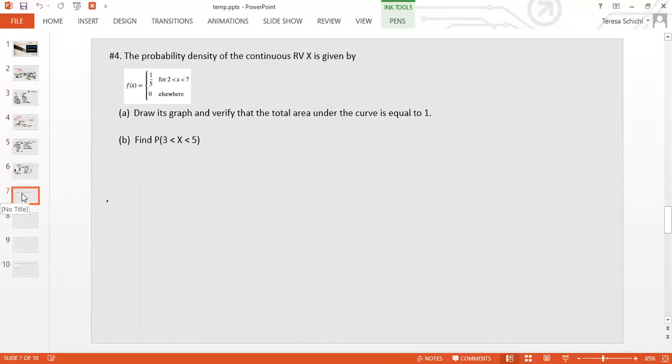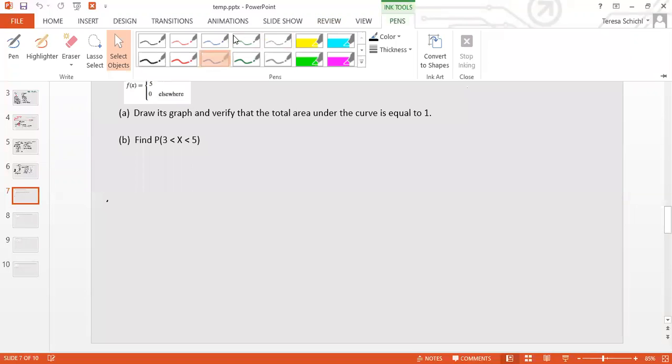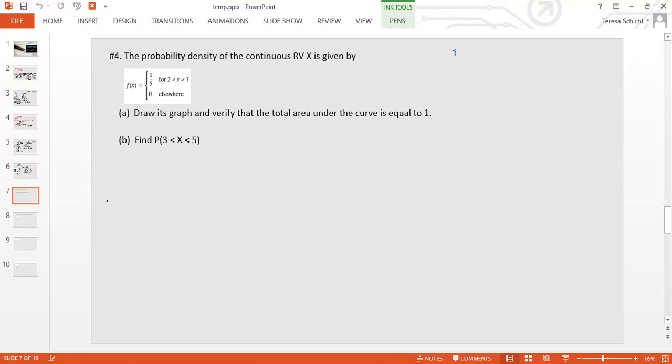All right, so the probability density function of a continuous random variable x is given by this, and I want to draw a picture. First, let's do a brief review.